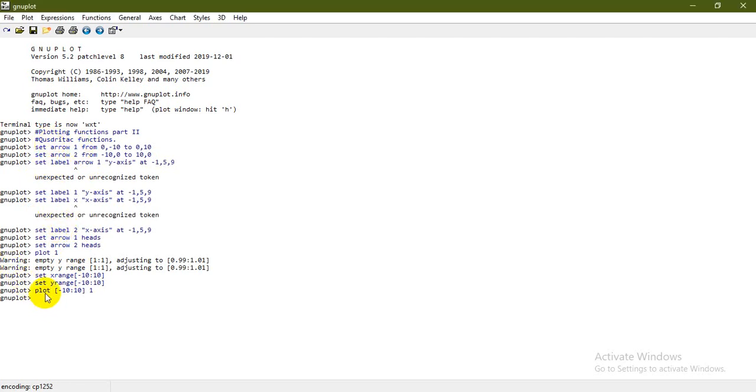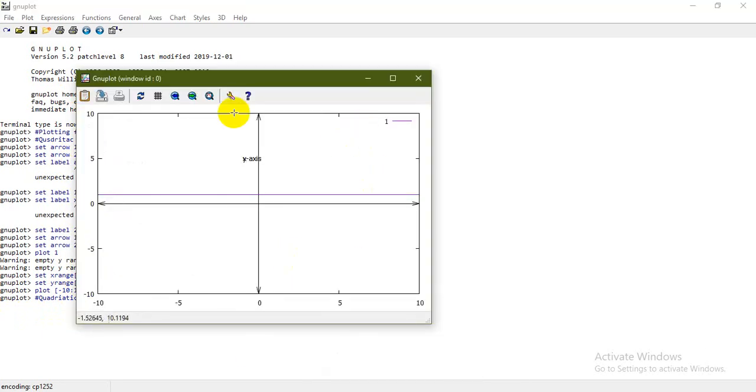So we come back and write quadratic functions. Now, when you want to learn quadratic functions, these initial codes were in order to place our curve in the normal format with the x and the y axis.